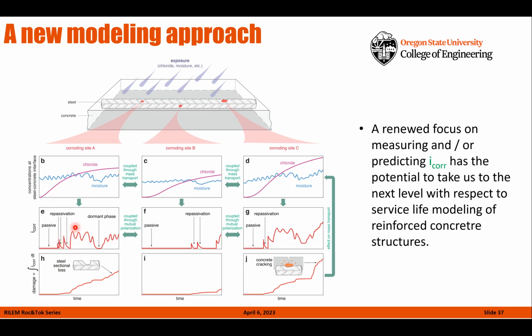And these cycles of passivation and repassivation, activation and repassivation might occur deep into the service life of the structure, many years after the initial breakdown of the passive film, where you would define a two-stage model, the start of the propagation period. You might have dormant phases where the corrosion current density might be very low. And different parts of the reinforcement might experience different behaviors.